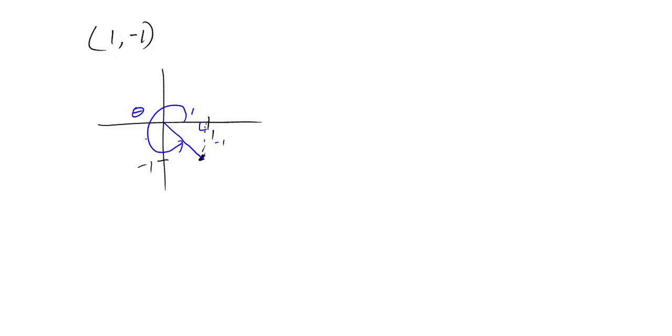So once again, we need to find the radius. So in this case, we would have 1 squared plus -1 squared. So that's x squared plus y squared equals r squared. So 1 squared is 1, -1 squared is 1. So therefore we end up with 2 equals r squared. And once again, to find r, we take the square root.